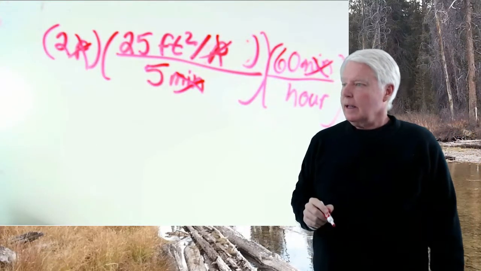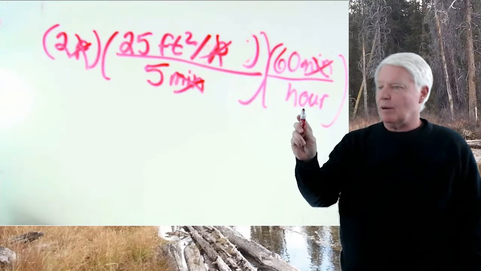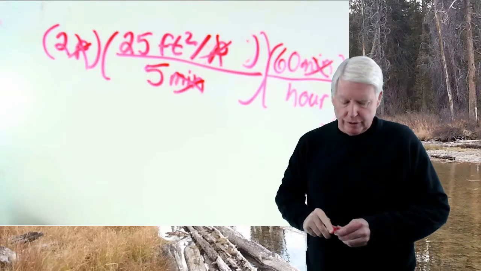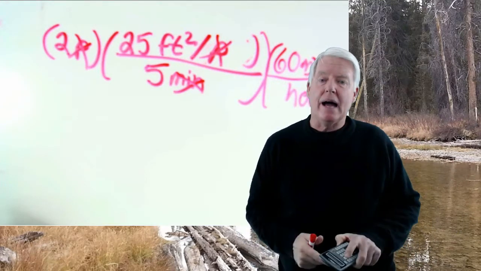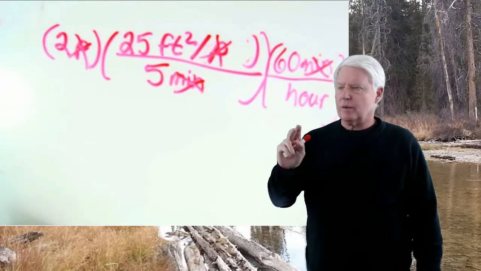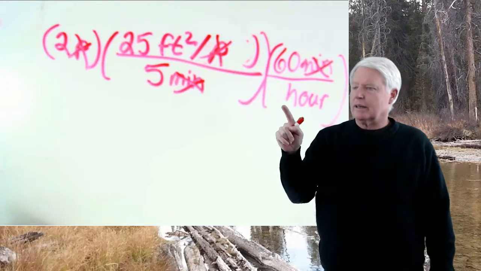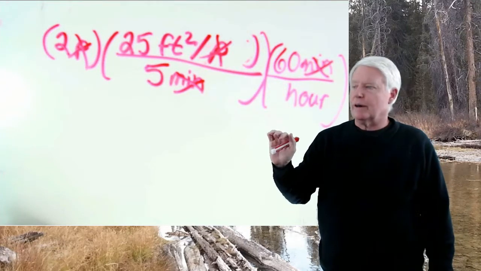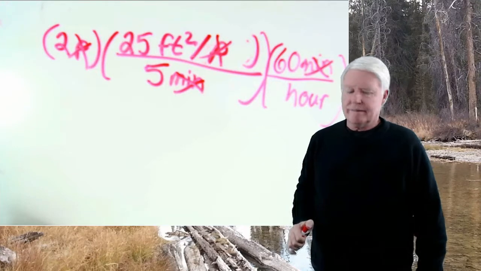And that will be square feet per hour. Square feet per hour will be what's left over. So let's get our calculator out. Remember, you always do math on 2 things, on numbers and with units. We always make sure our units come out to what we want, and we do want square feet per hour. Then we'll convert square feet per hour to square meters per hour later.